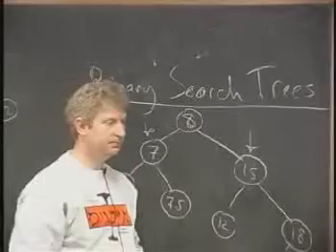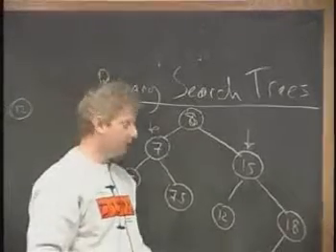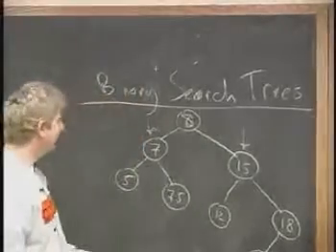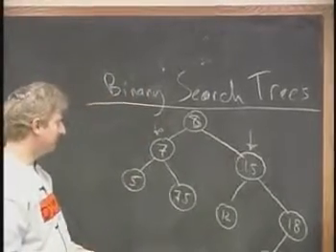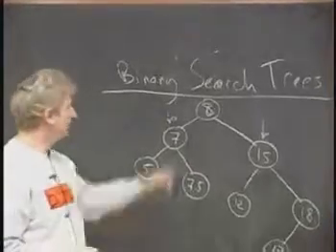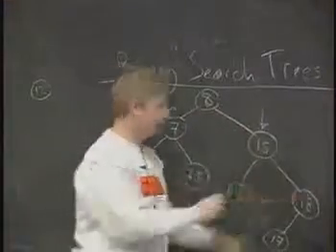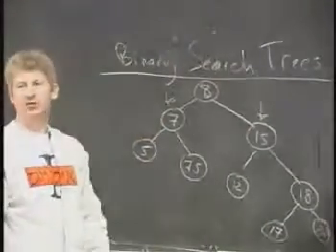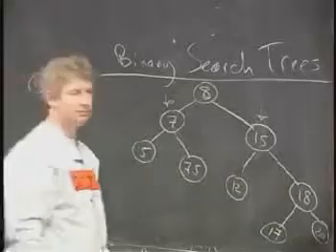Okay? Like our tree could get unbalanced. Good. That's an excellent point. Let's say I want to add in 20. Where does that go? Bigger, bigger, bigger. And now I'm going to add in 25. Where does that go?